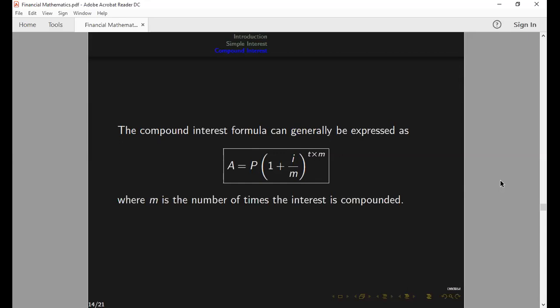Your M then becomes 12. And since I is observed on an annual basis, you will divide that annual interest into those 12 periods, because you want to know, if I have 12% per year, what is the interest rate for each month? Then it's 12% over 12 months, which is 1%.